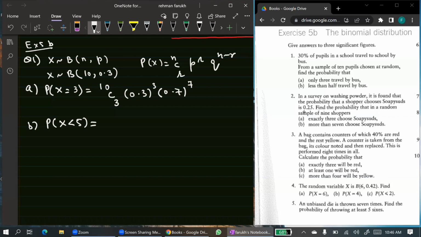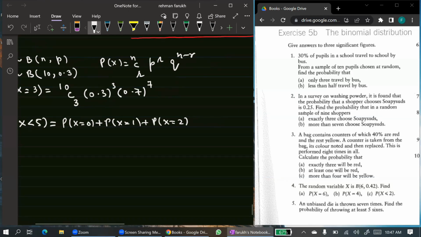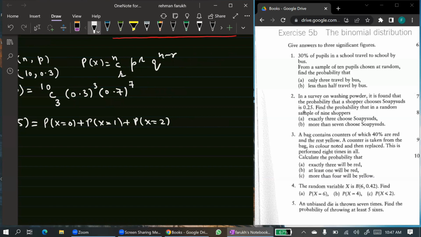Now, there may be 0 successes, 1 success, 2 successes, 3 successes, and 4 successes, but not more than 4.